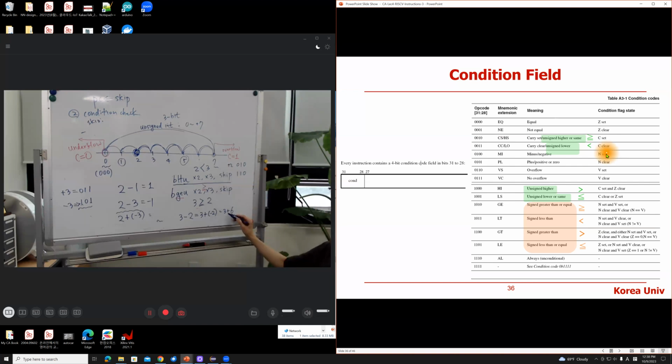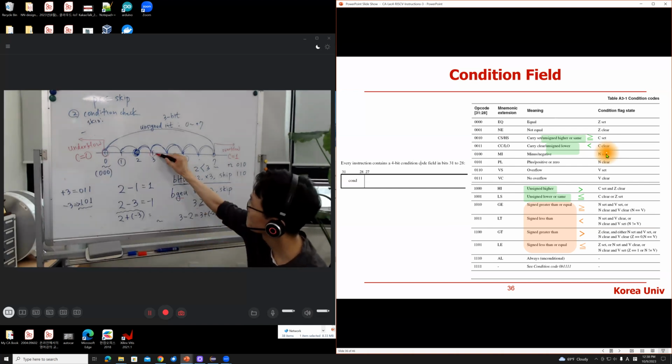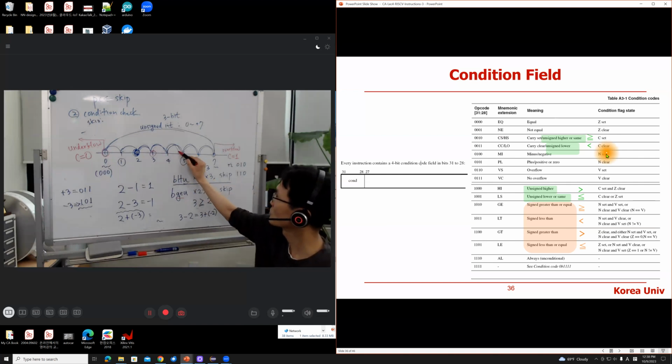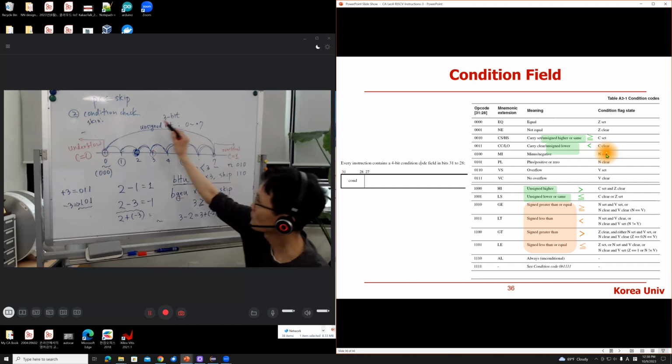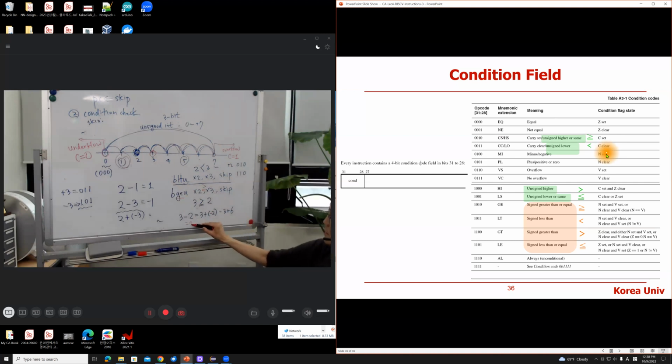That is the actual computer arithmetic. So starting from 3, you move 6 steps: 1, 2, 3, 4, 5, 6. The answer is 1, and then you got overflow. Because the computer is doing this arithmetic, the carry flag is set to 1.